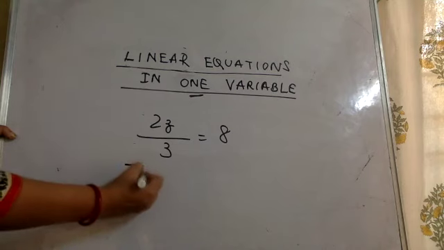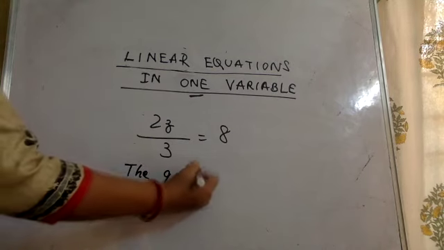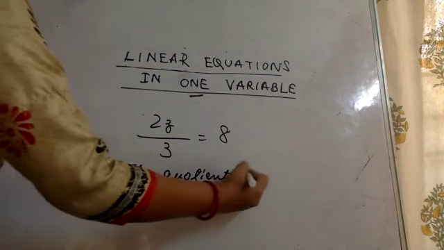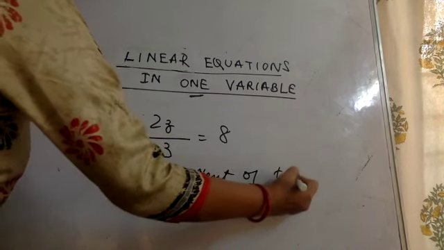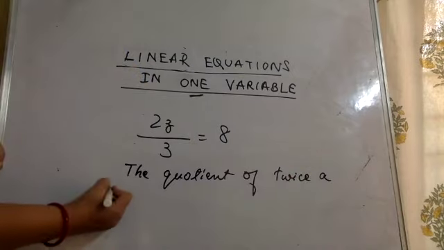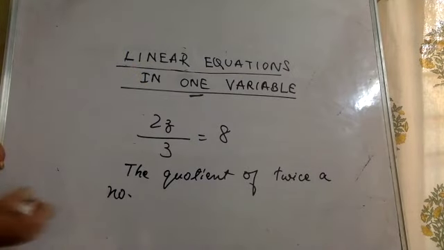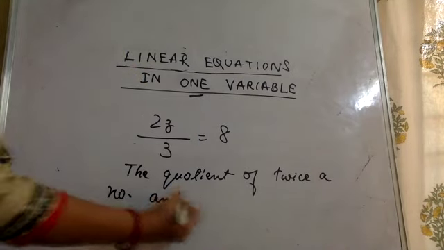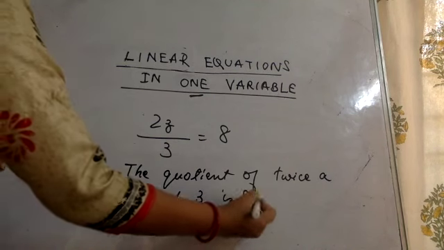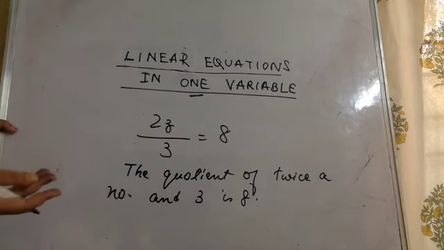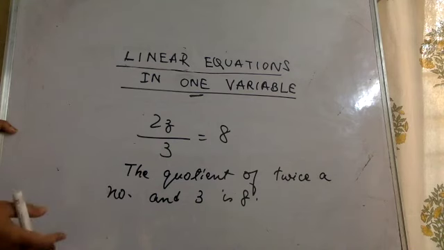The quotient of twice a number and 3 is 8. This is the quotient of twice a number and 3 is 8. This is our statement.